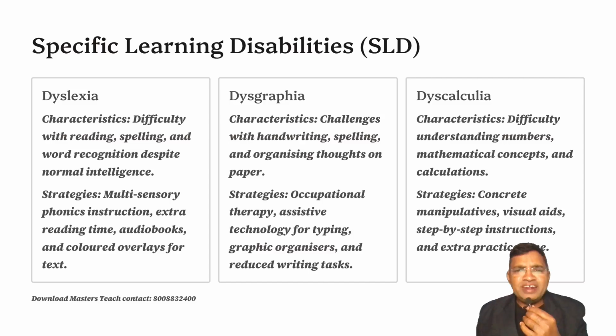Then dysgraphia. The characteristics are challenges with handwriting. Spelling goes wrong, and organizing thoughts is not proper. So it is related to difficulty in writing, that is called dysgraphia. What are the strategies?